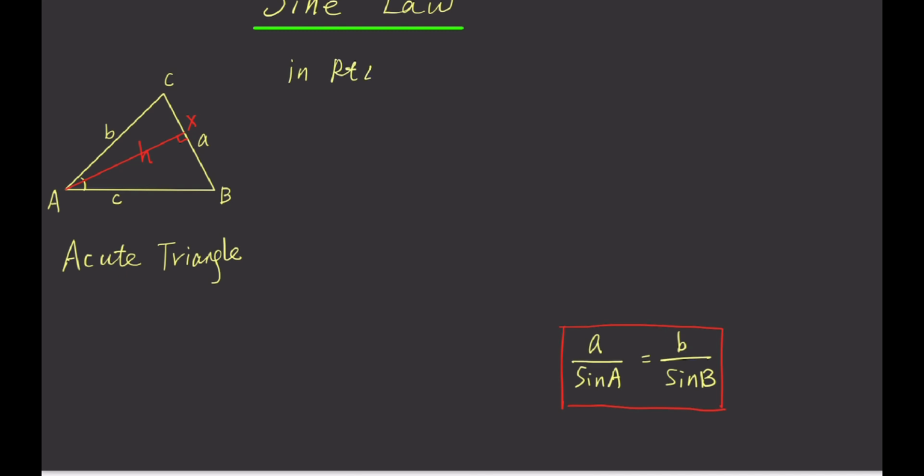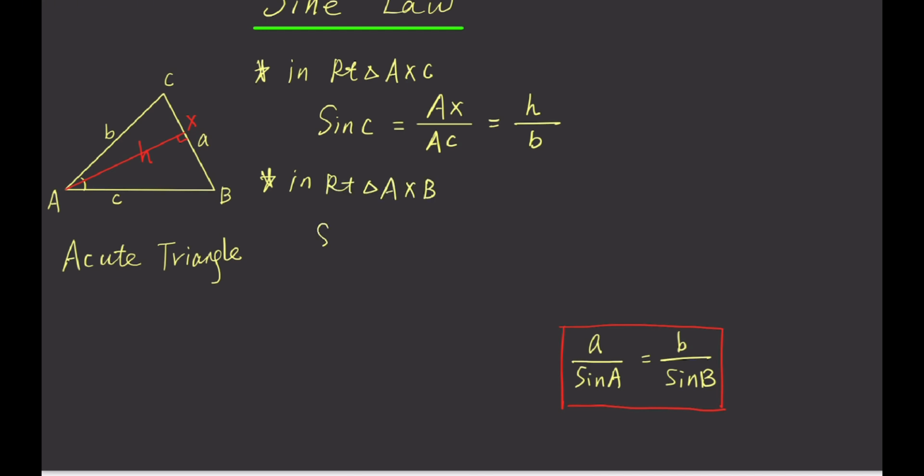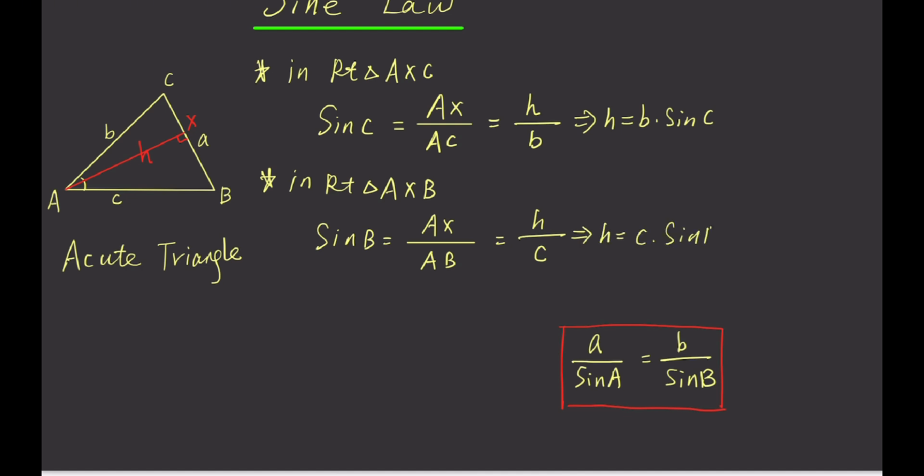In right triangle AXC, sine C equals the opposite side, that is AX, over the hypotenuse, that is AC, equals H over B. In right triangle AXB, we get sine B equals the opposite side AX over the hypotenuse AB, that is H over C. Now you will find H. So we get H equals B times sine C. This one, H equals C times sine B.